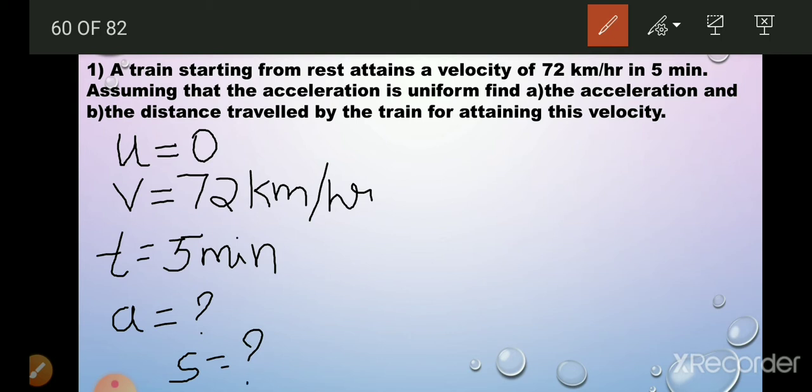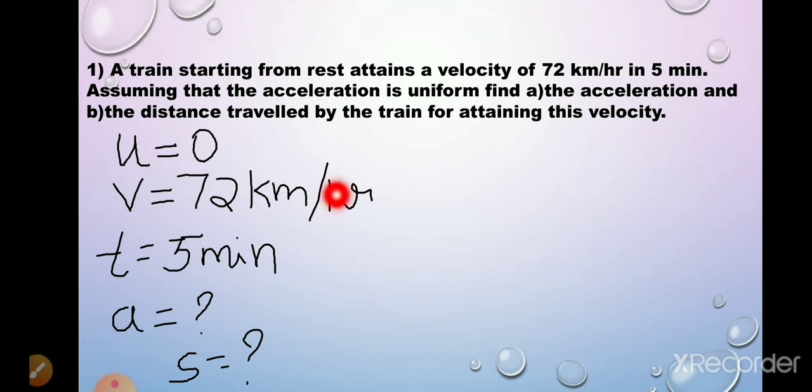So first, before using the equation, you have to see whether the given things are in SI unit. Here they have given kilometer per hour, so you have to convert this kilometer per hour into meter per second.